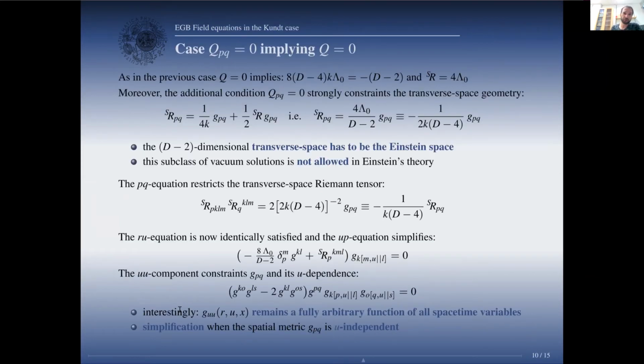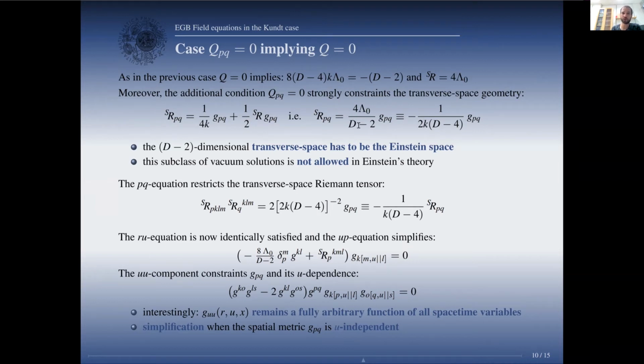And there is the third case when this PQ will be vanishing. So there will be a special coupling between the Ricci tensor and the metric. In fact, we will deal with an Einstein space, or the transverse space will be an Einstein space. Again, this class is characterized by a specific coupling between the theory constants.